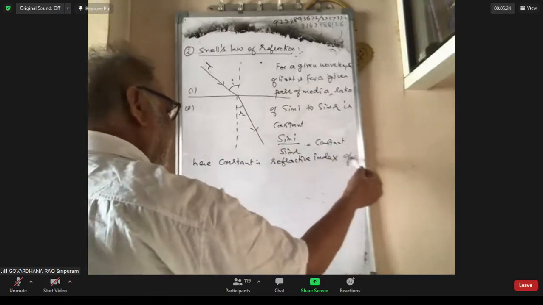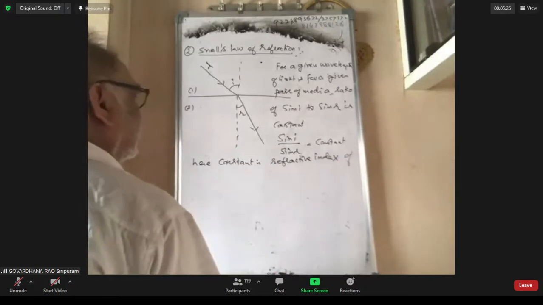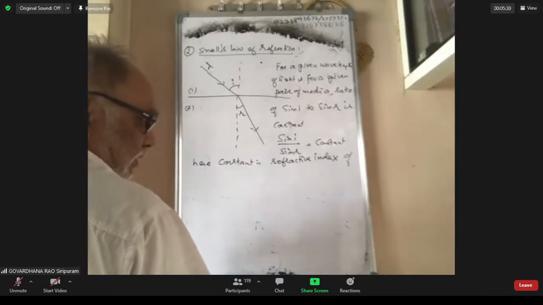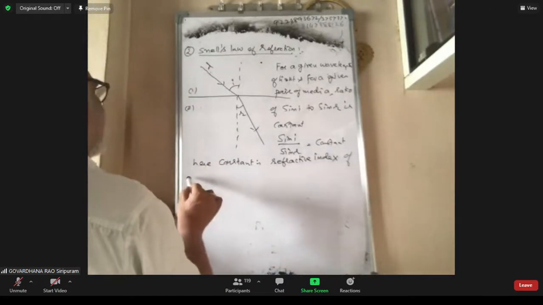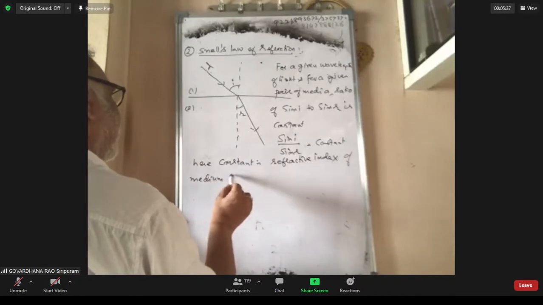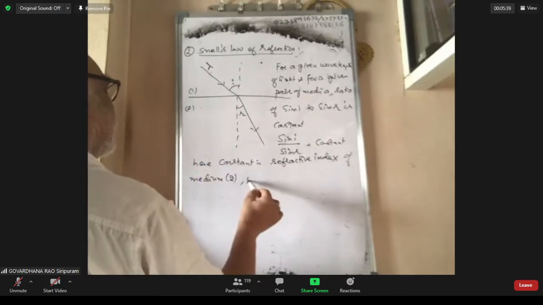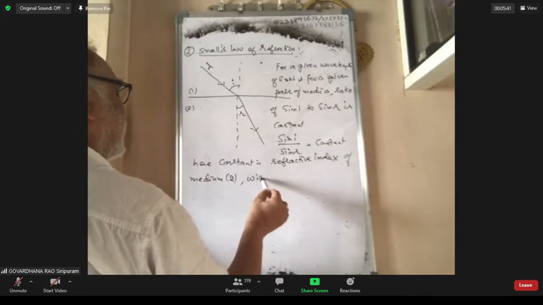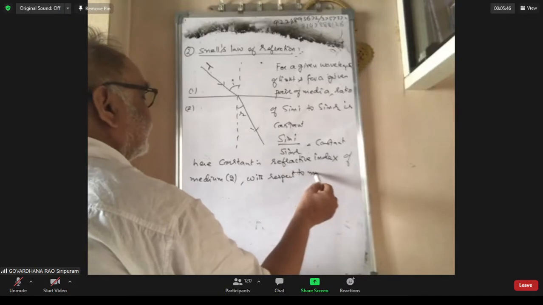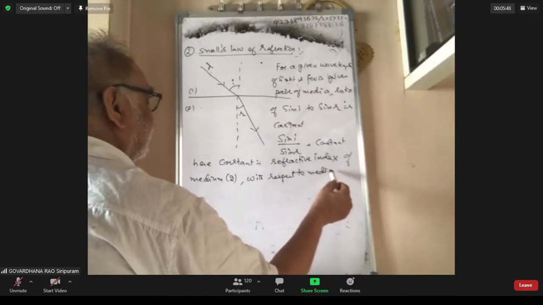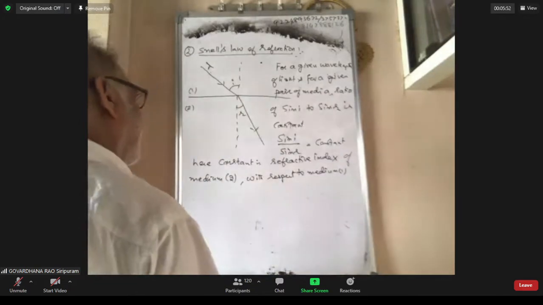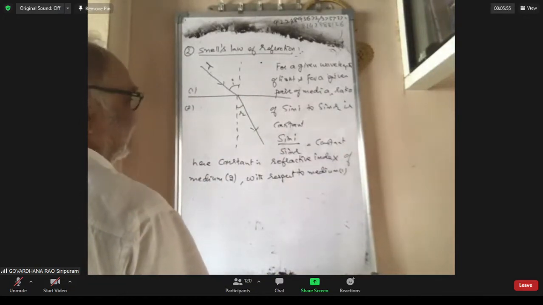Refractive index of medium 2 with respect to medium 1.